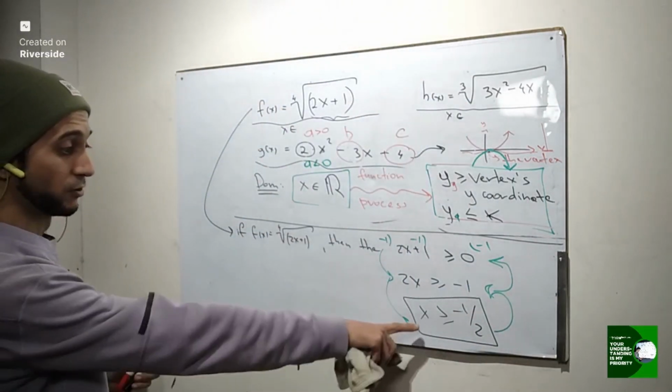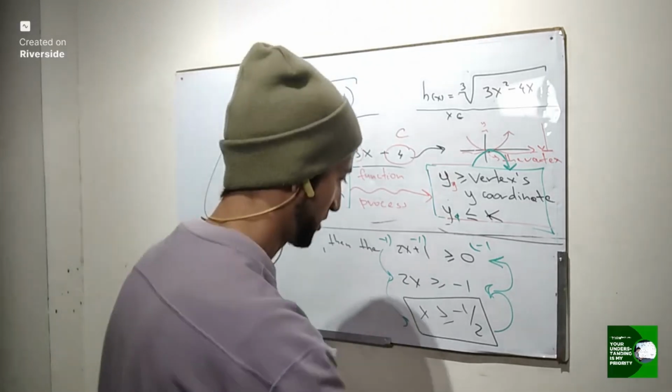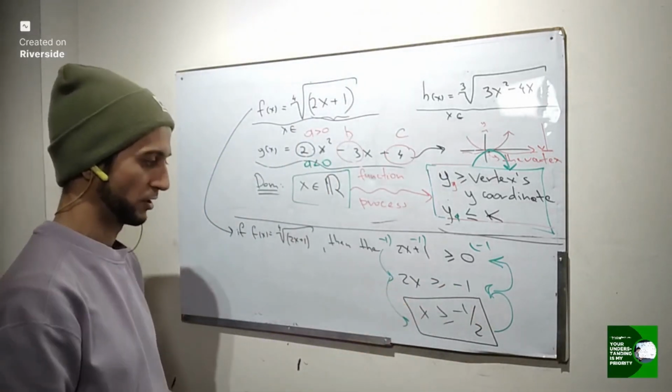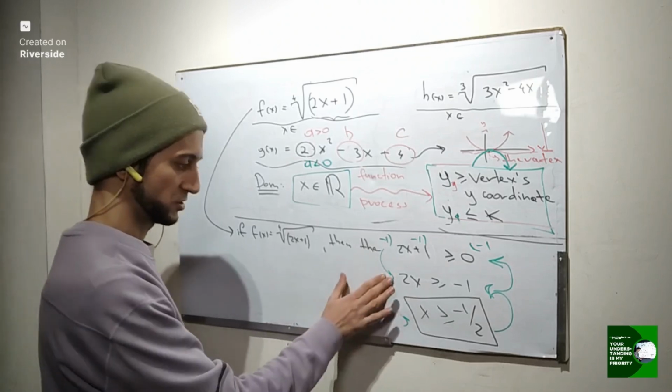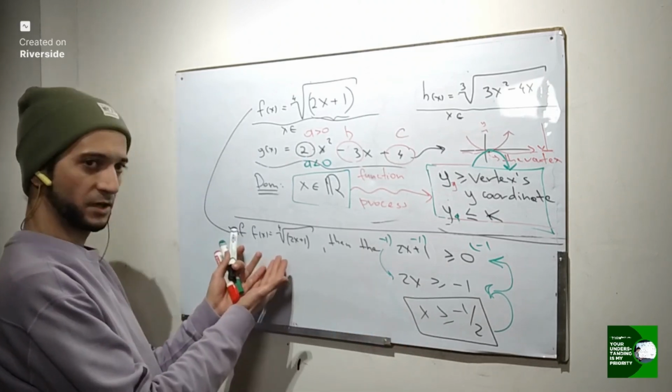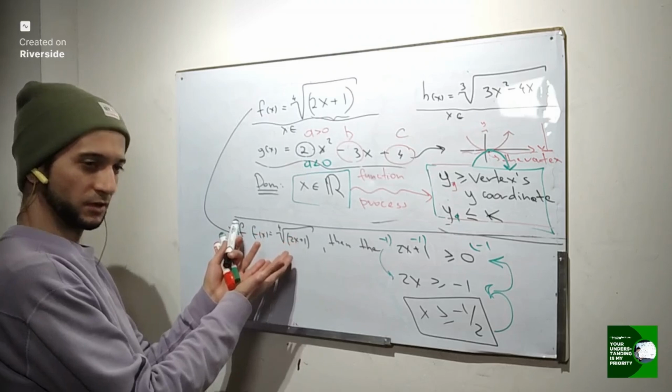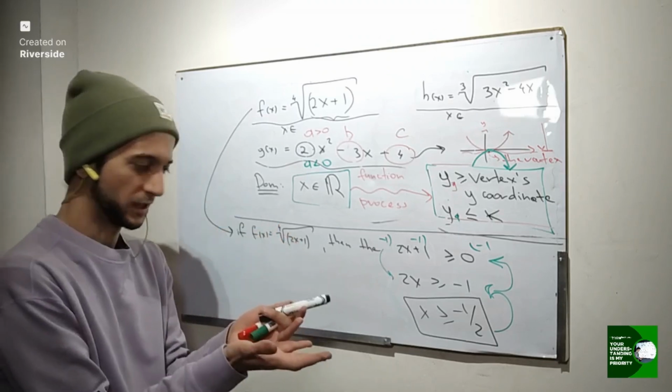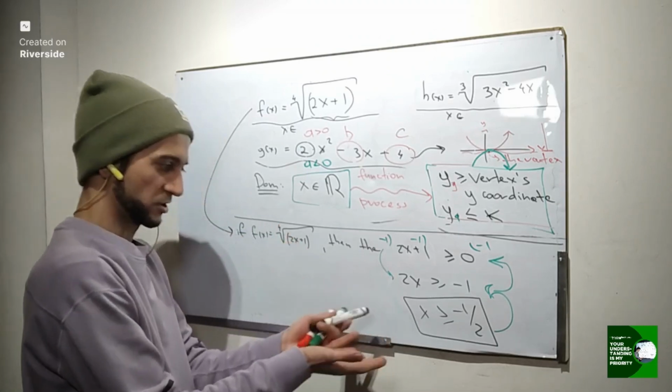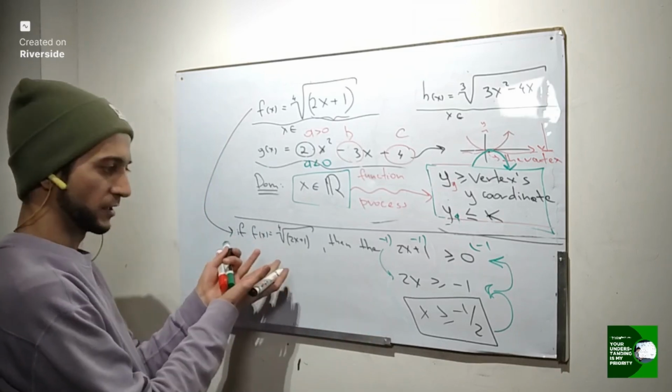Okay, now you got the domain of this guy. So this is not just x bigger. It's not just a solution to an inequality. It's a solution to an inequality that has a very important meaning in its context. Context defines the meaning. The context of this inequality is not just inequality. It's the definition of the domain.